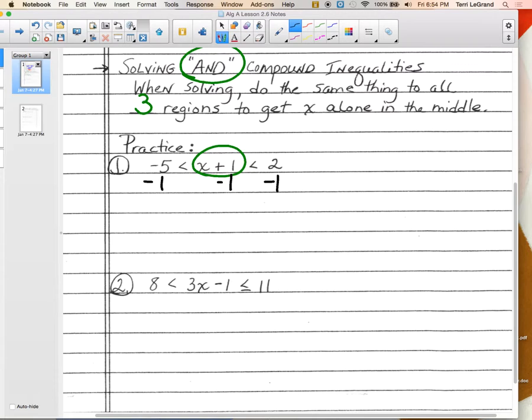So -5 take away 1 is the same as -5 plus -1. 5 below 0 goes down another degree, just like our cold temperatures right now. It's -6. Then x is by itself in the middle, and 2 take away 1 is 1. So we call this the algebraic solution.